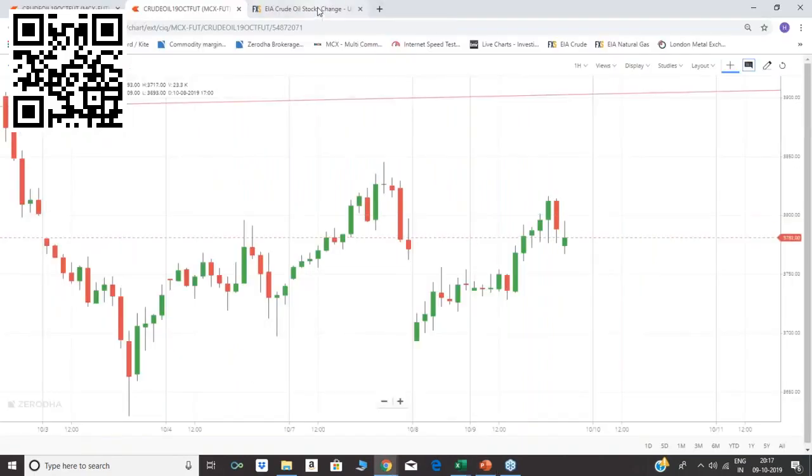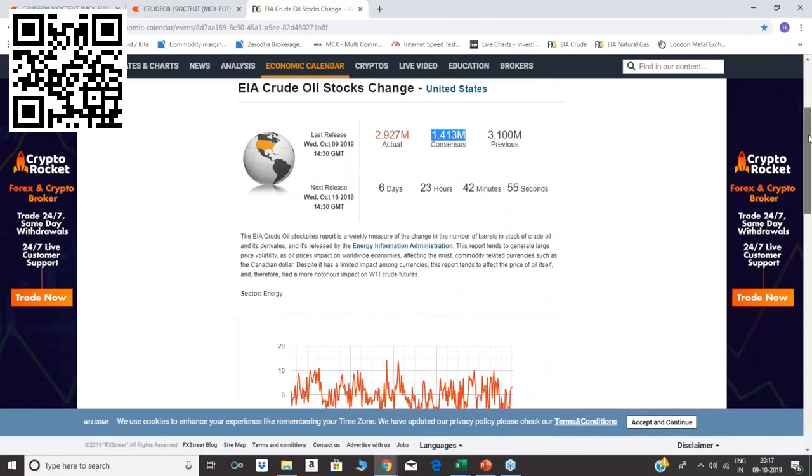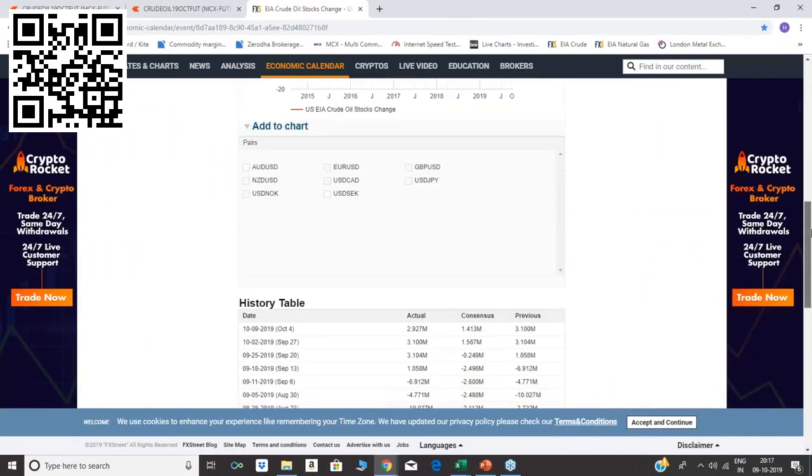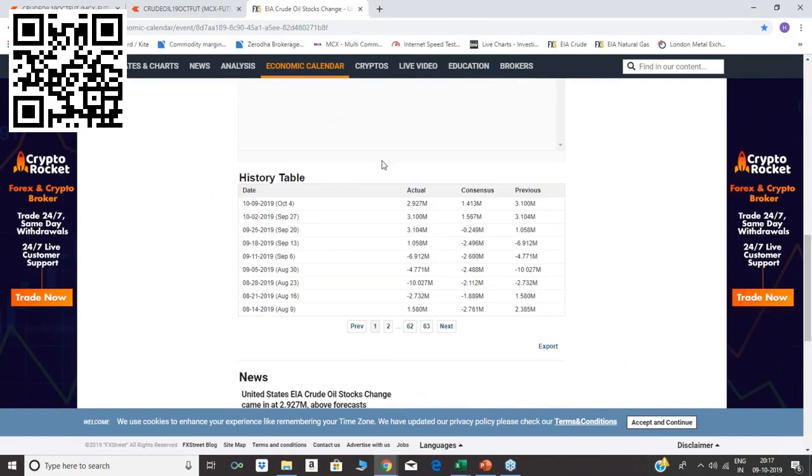Sorry. Yeah. See here, you can get the complete data for backtesting. Can you see the actual inventory data, consensus, and the previous one? So what was the forecasted one, what was the previous, and what is the actual inventory data? Previous and next, you can check the data along with the date. You can look into charts the same way as I explained, how you look at what the inventory data is, what the impact can be, and what has happened before that.